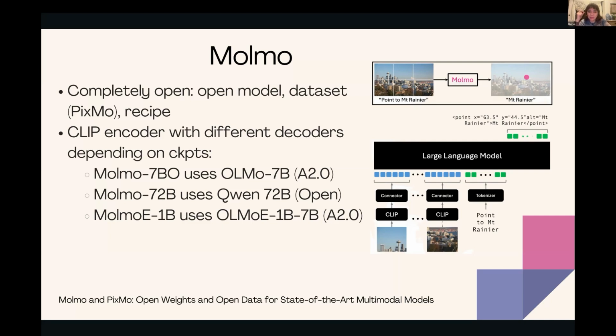There is Molmo 72B, which is based on Qwen 72B, and there is MolmoE, which uses OLMoE, a mixture of experts text decoder model. The cool thing about this model is that it can also point to things in the image and also do counting, which was something we didn't see with the previous models.